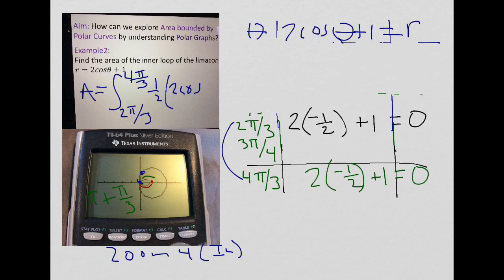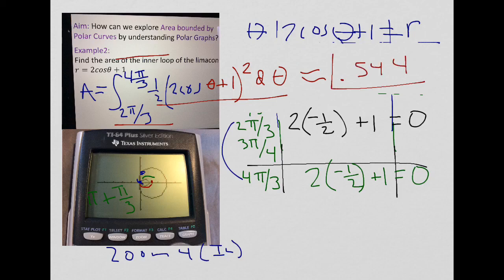Like I said, you're going to plug this all into your graphing calculator, and it's going to give you that it's approximately 0.544. And that is the answer. Don't forget approximately and round to 3 decimal places, and you get your answer.